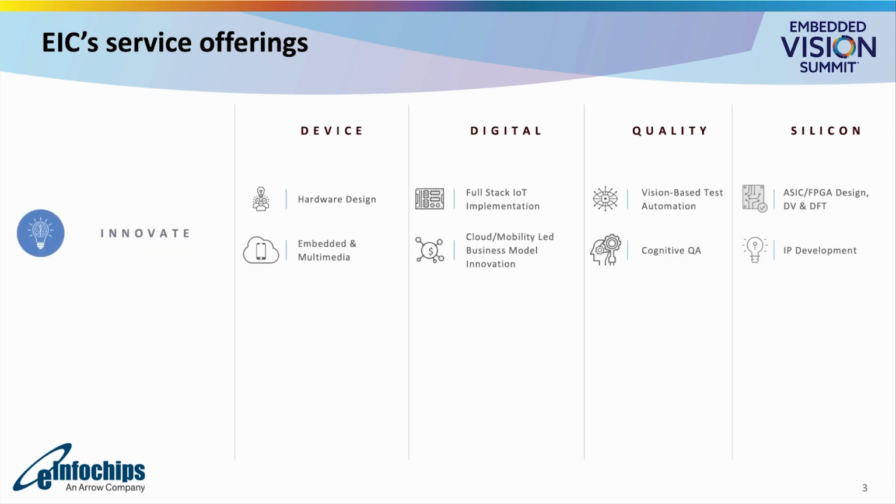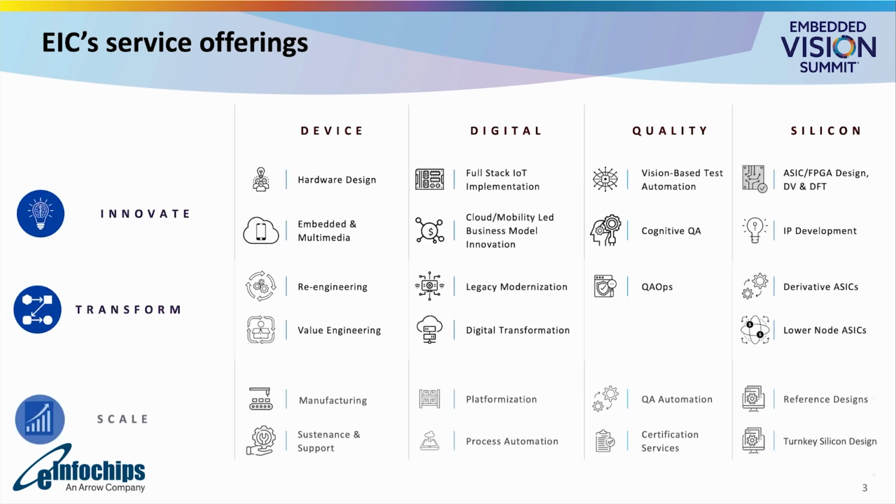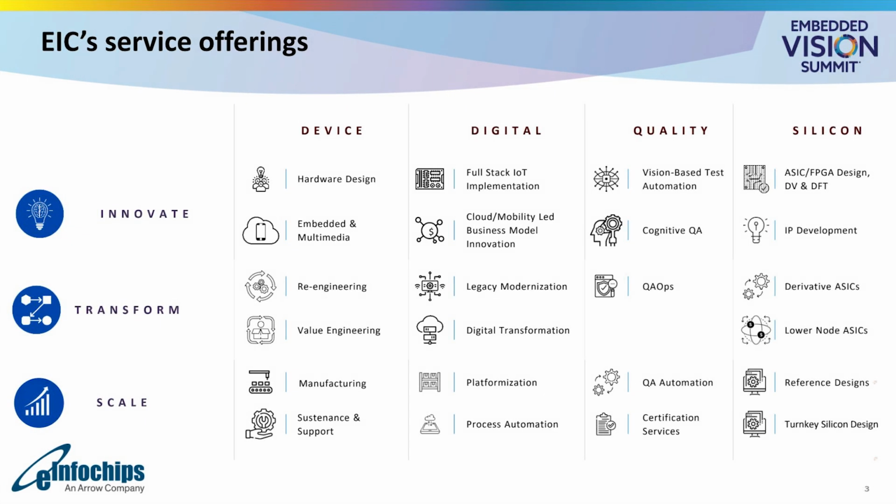We innovate, transform, and scale in 4 different domains: device engineering, silicon engineering, digital engineering, and quality engineering. We provide product engineering services all the way from edge to cloud.